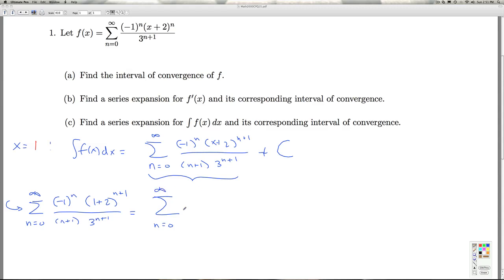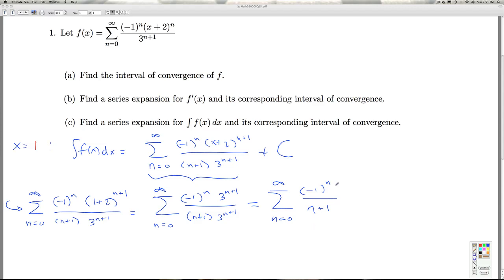That's summation n equals 0 to infinity, (-1)^n 3^(n+1) over (n+1) 3^(n+1). And we can see those immediately cancel out. Get the sum n equals 0 to infinity, (-1)^n over n plus 1.